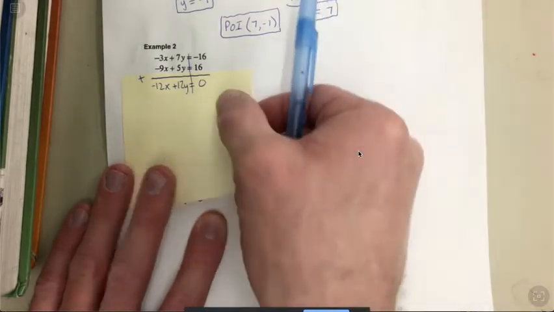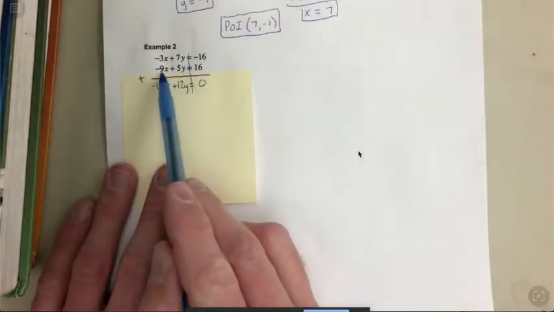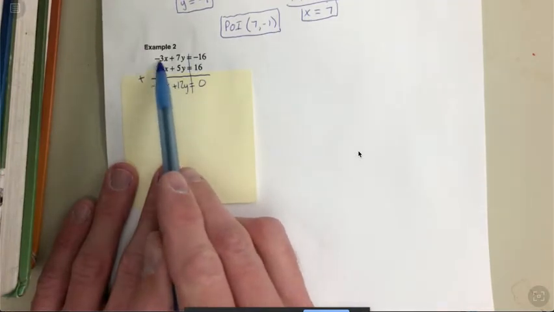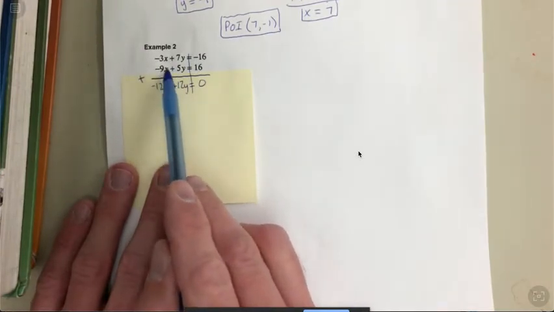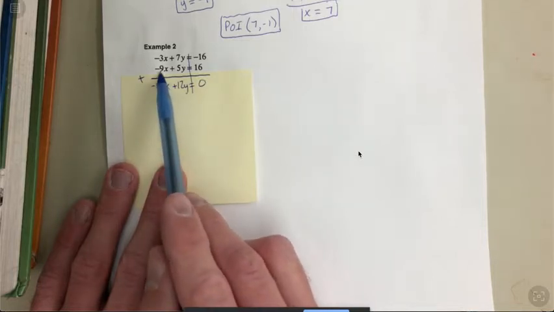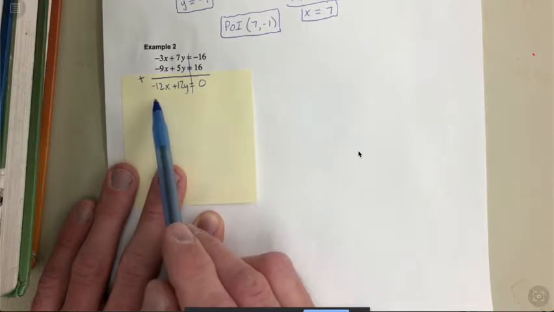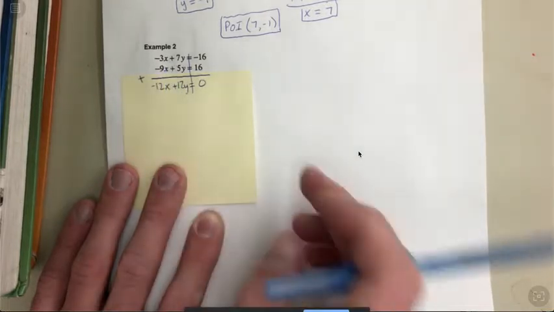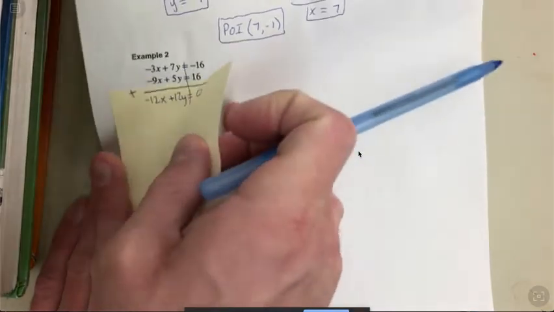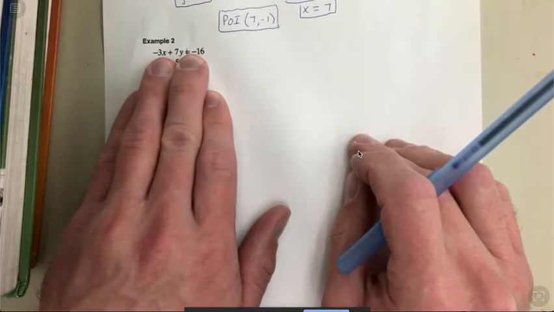So I gotta adapt. So let's say I want to eliminate x. I have a negative 3x and a negative 9x. Well, when I'm thinking about this, what number plus negative 9x would be 0? Well, it would have to be a positive 9x. So what I'm going to do is I'm going to ignore this equation down here for a minute.